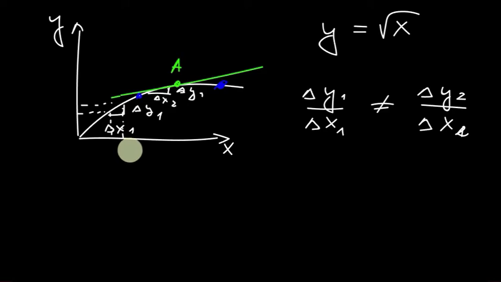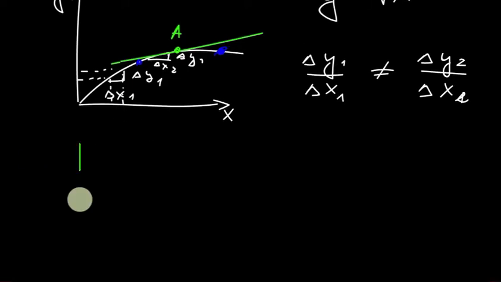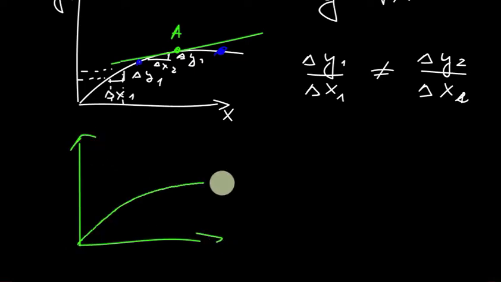Well, let's see. For this graph, we could take this delta x and this delta y. We could do it on a smaller scale like this, and we could come closer and closer to 0.